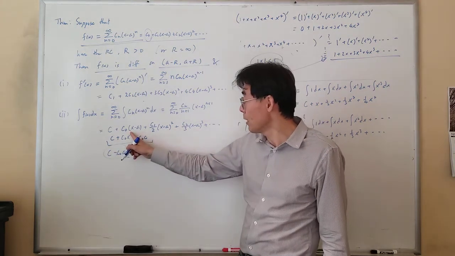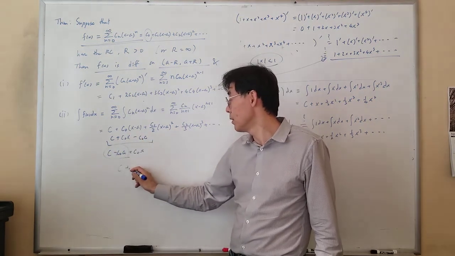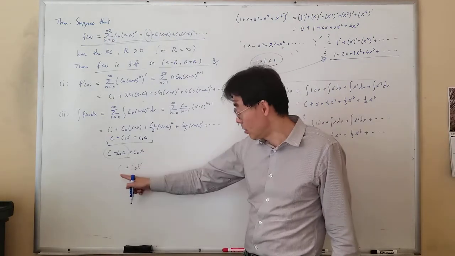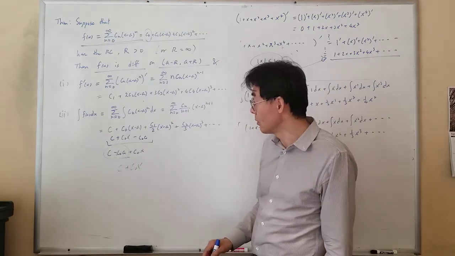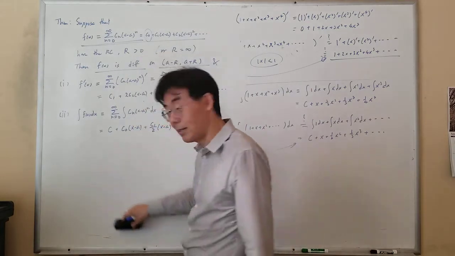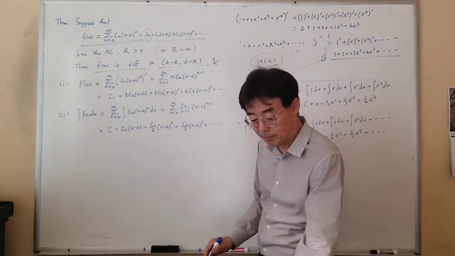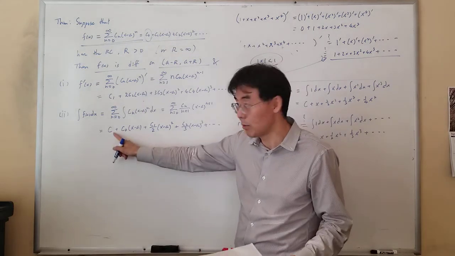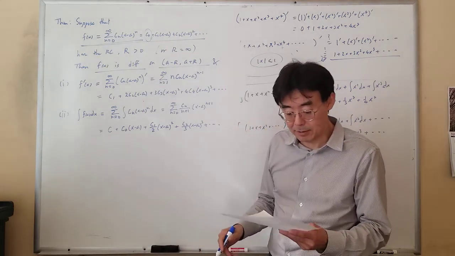So even if I write it this way, it's the same as C plus C0 x. I just want to write it nicely like this. There's nothing wrong with it, because we have an arbitrary constant here anyway.